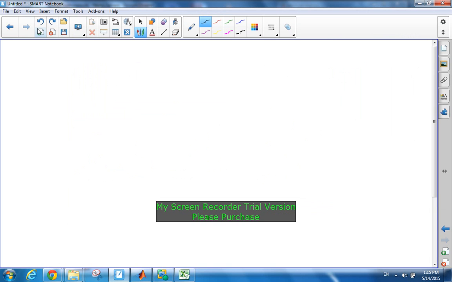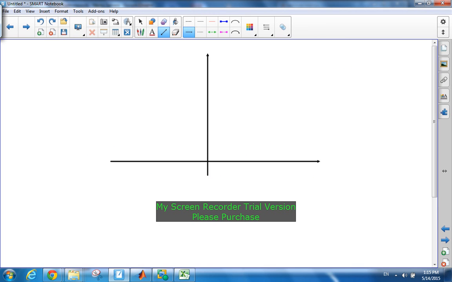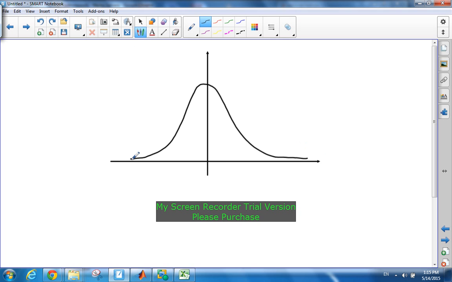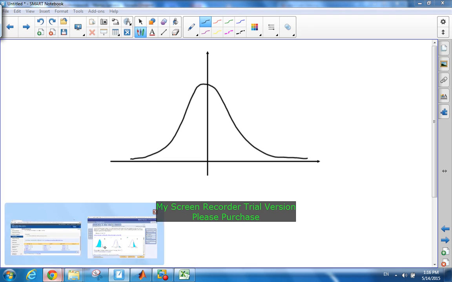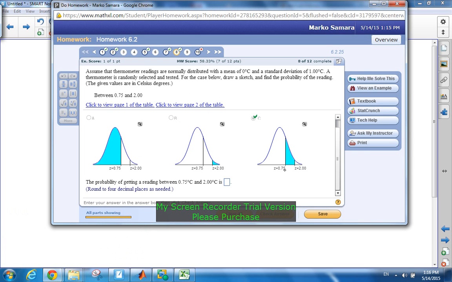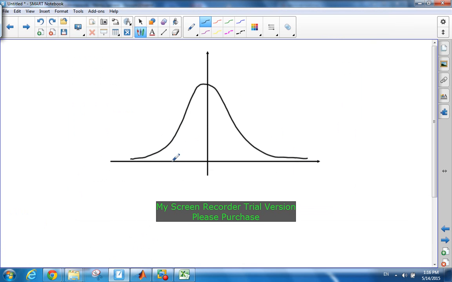What you can do is to think in this way. Here is our bell-shaped curve, and we need the area between 0.75 and 2. So let's say here is 0.75 and here is 2.